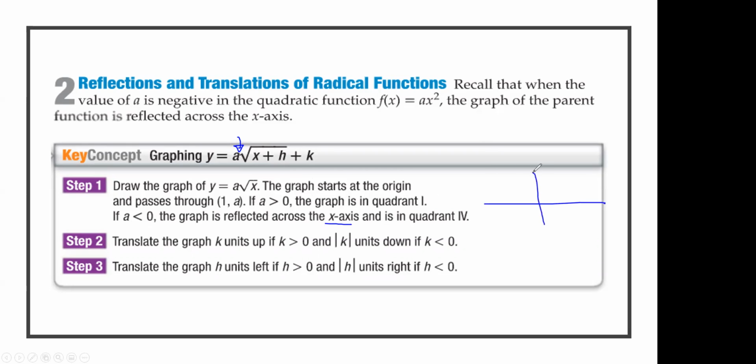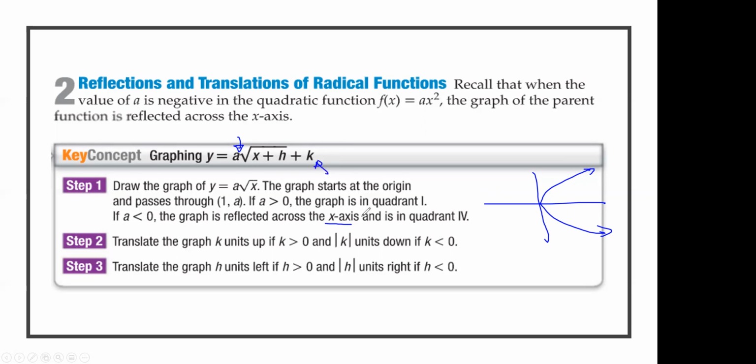Okay, so if a is greater than 0, the graph is going to go this way. If it's less than 0, the graph is going to go this way. All right, and then it says translate the graph k units up if k is greater than 0.